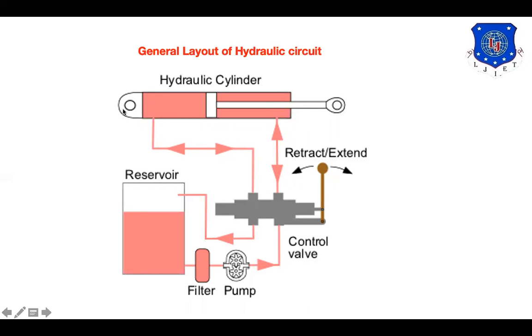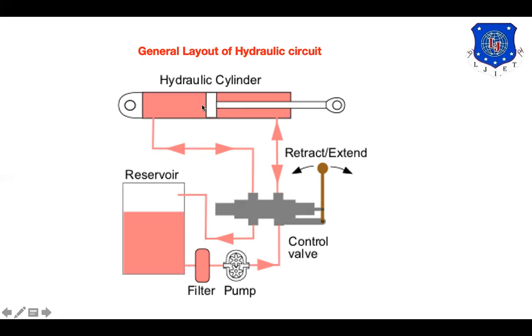Say, for example, this is the cap end of the hydraulic cylinder and this is the rod end. If working fluid enters from the cap end, the piston will move forward, and if the working fluid enters from the rod end, the piston will be retracted. So that two-way position can be achieved.